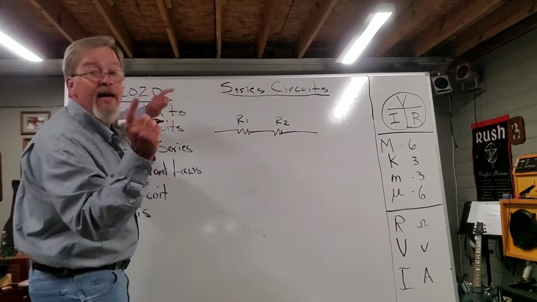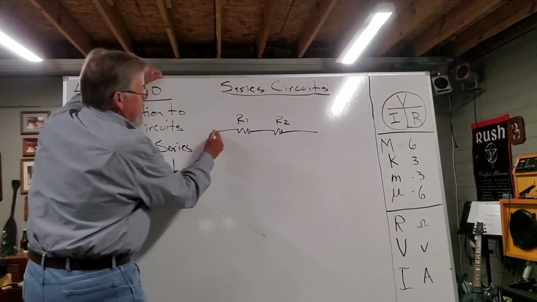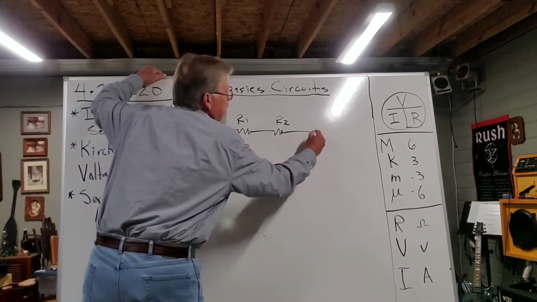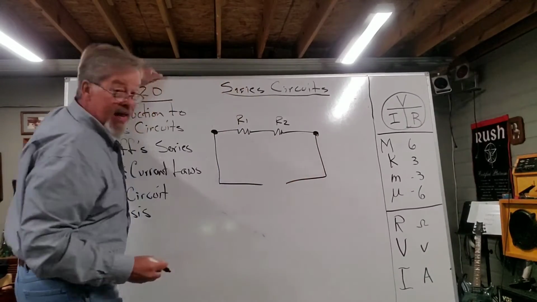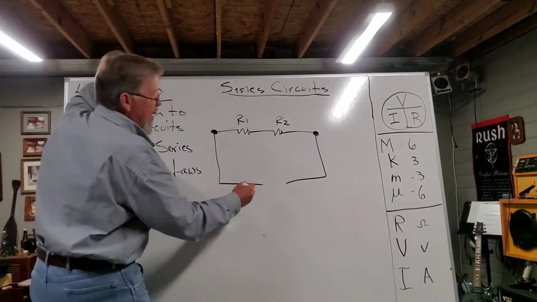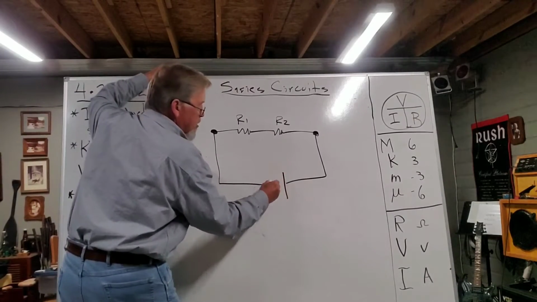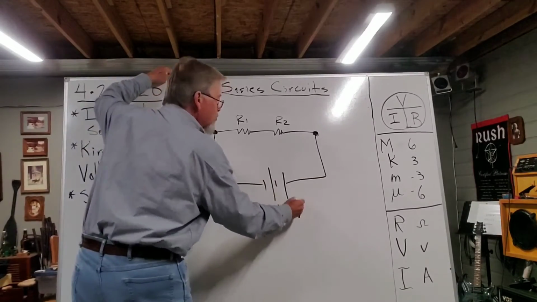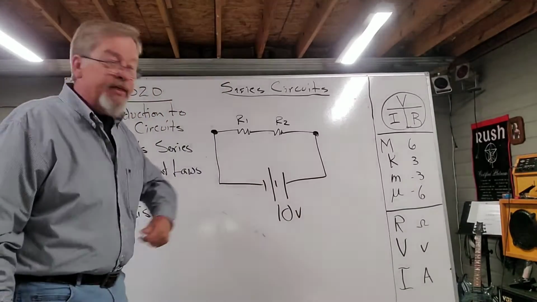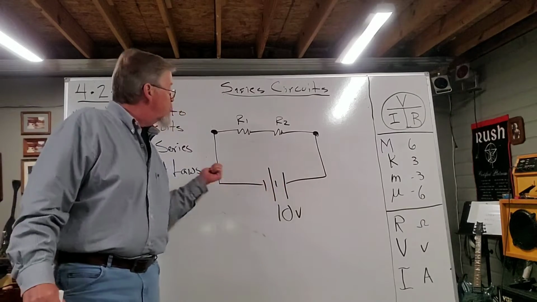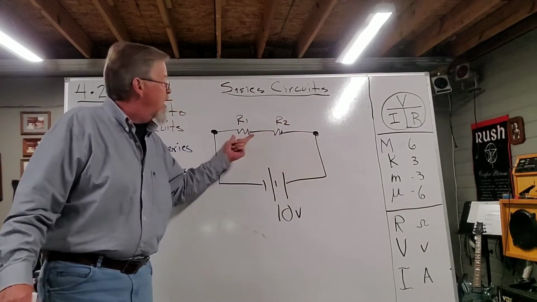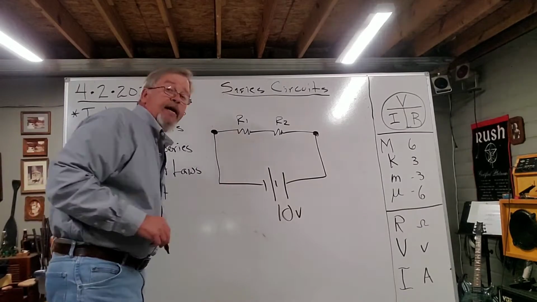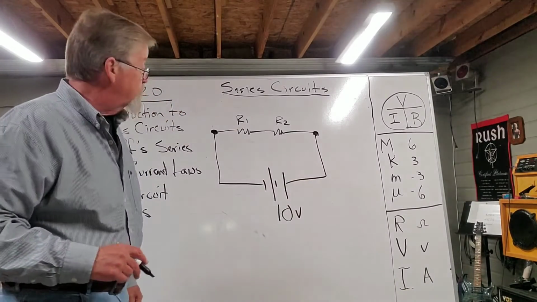So let's say between this point and that point, I have a source of 10 volts applied. This is a series circuit. Got my source, got my path, got my load, and of course, it doesn't have a control device, but it doesn't need one.